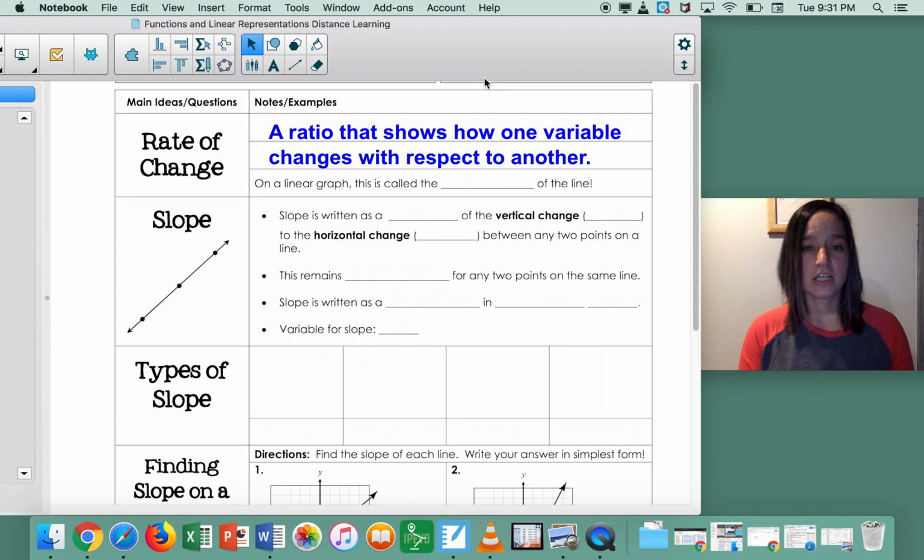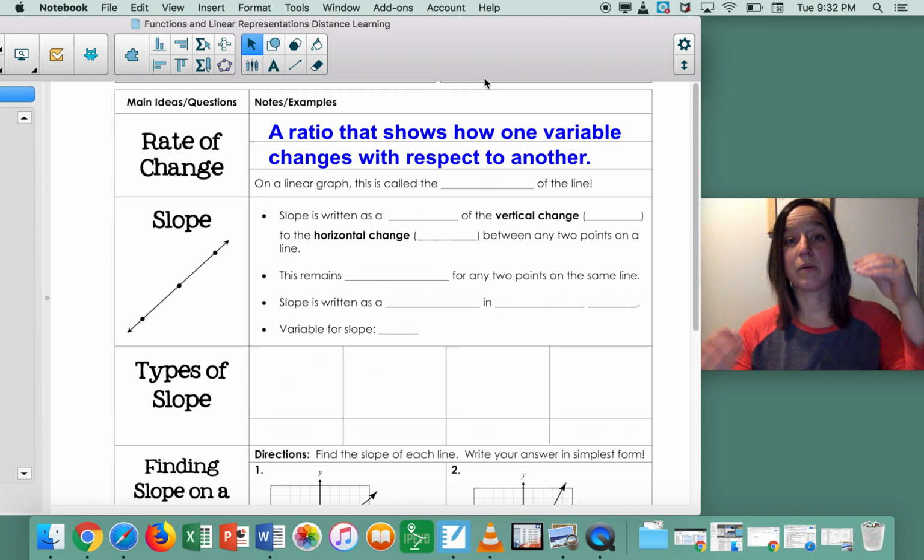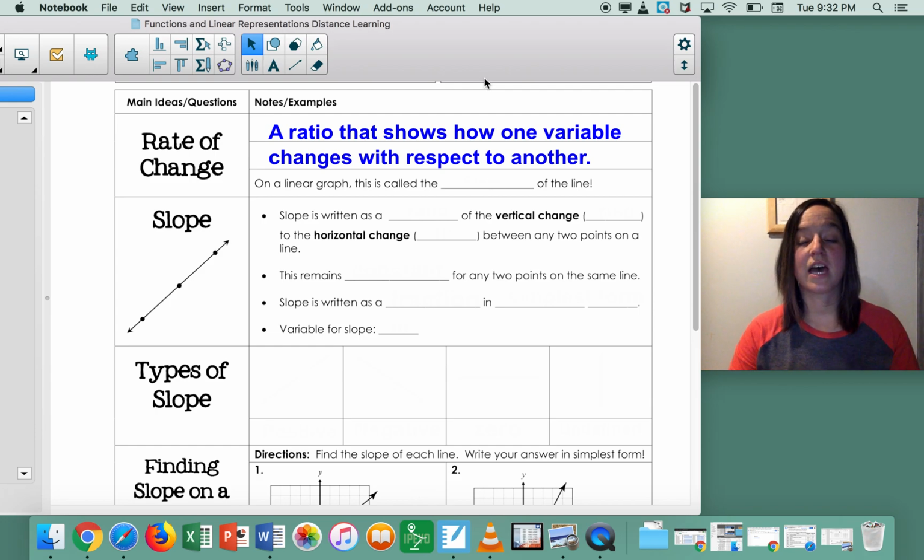Rate of change is a ratio that shows how one variable changes with respect to another, so how x is changing in comparison to how y is changing. And when it's on a linear graph, it is called a slope. So when it's on a line, our rate of change is actually called slope.